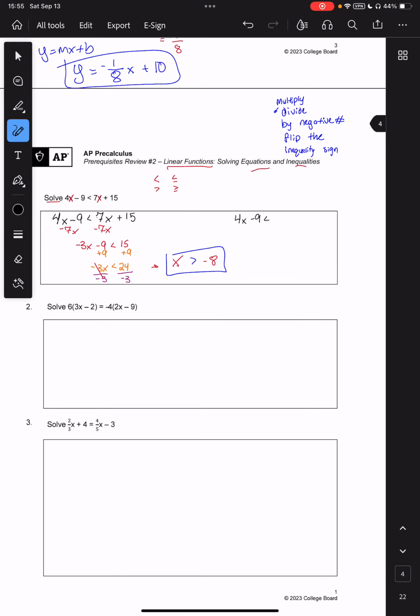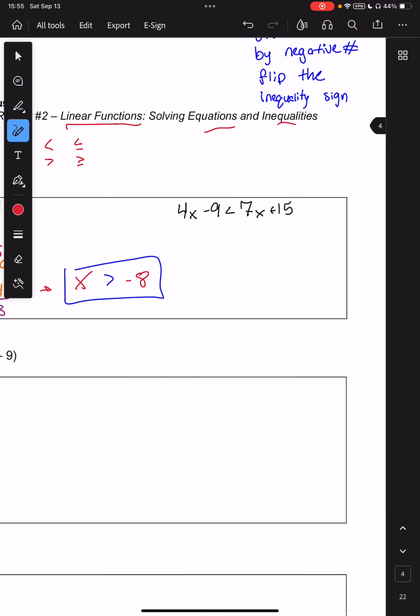4x minus 9 is less than 7x plus 15. So we solved for x, and we said that x has to be greater than negative 8 for this inequality to be true. So let's pick a value where x is greater than negative 8. Let's pick positive 1, because positive 1 is greater than negative 8. So every time we see an x, let's just put 1.